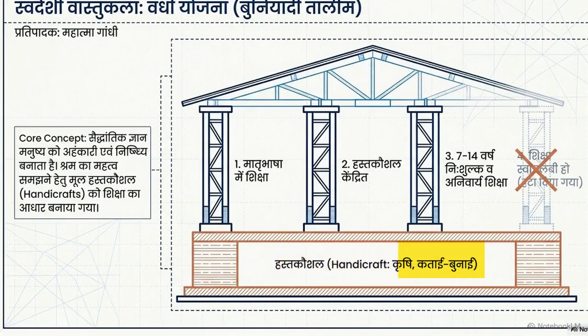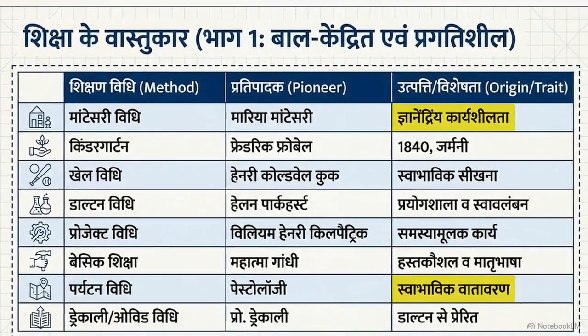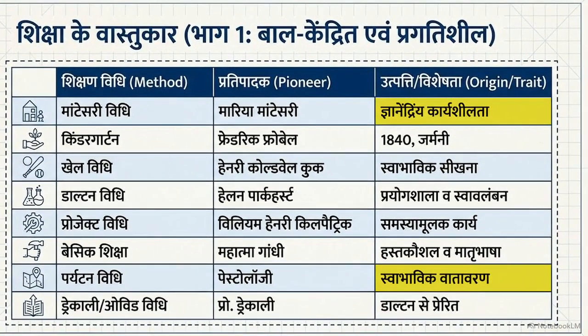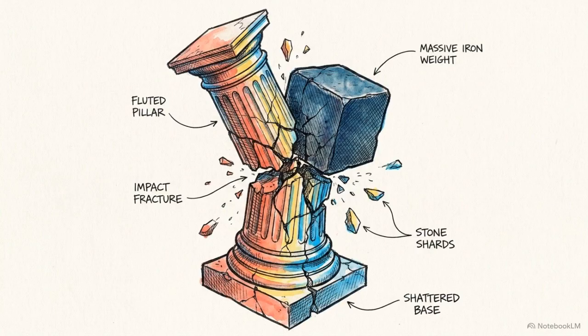This table catalogs just a fraction of the child-centered frameworks available today, each engineered to exploit specific sensory inputs and environmental conditions. And alongside those progressive models sits an equally dense array of technical, logical, and instructional variations, ranging from Socratic dialogue to linear programming. Because of this sheer volume of highly specialized tools, dogmatic allegiance to a single teaching method is essentially architectural malpractice.